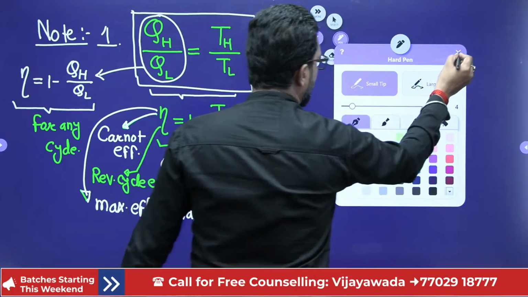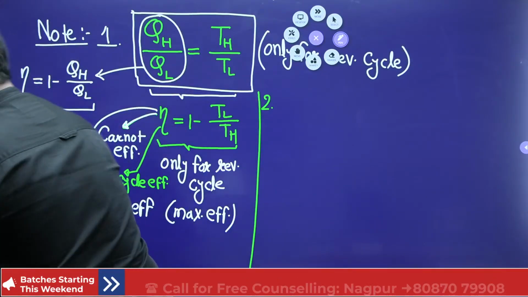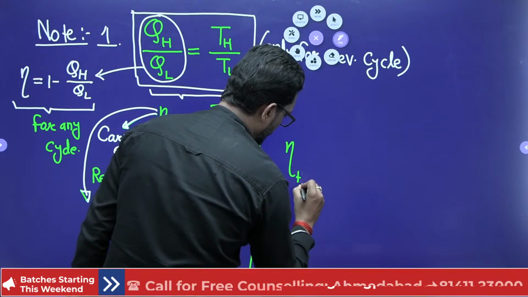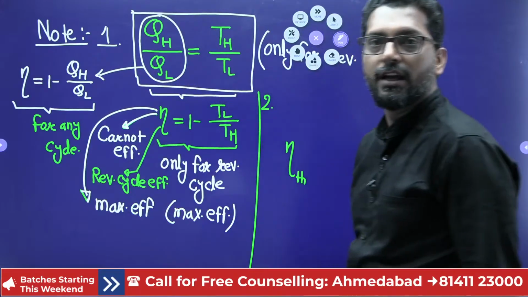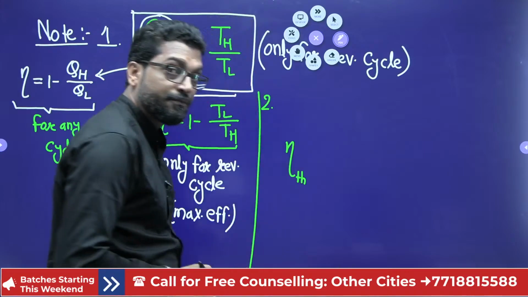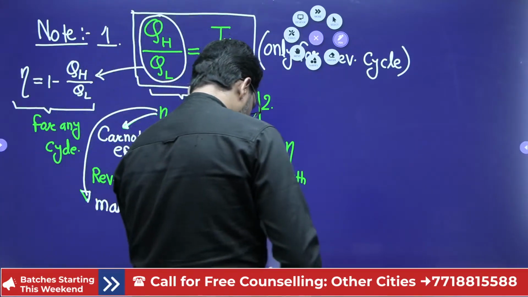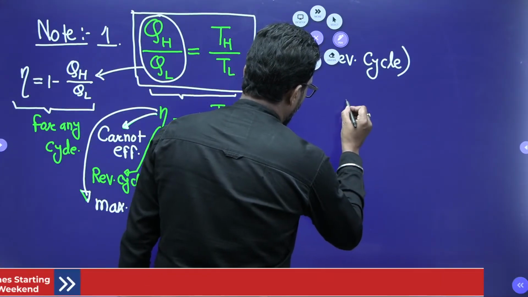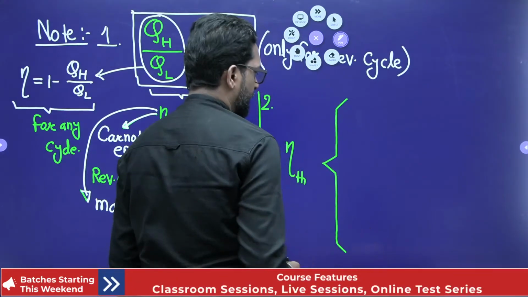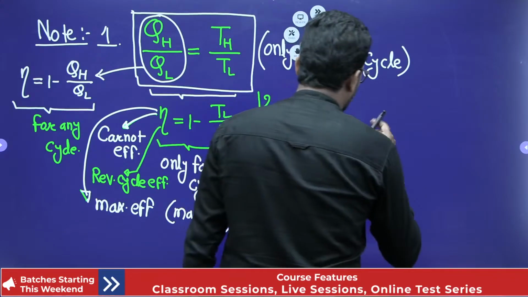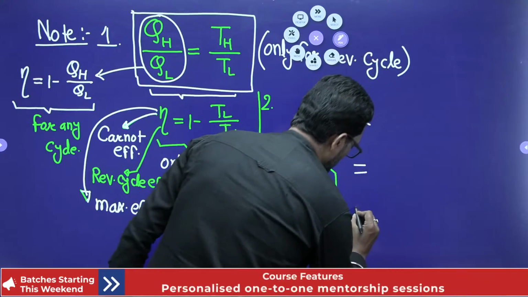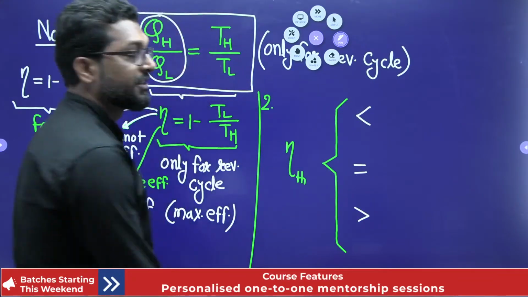The second thing is that this is the thermal efficiency. These all are the thermal efficiency. What is the range? This thermal efficiency is less than, equal to, or greater than; it has three limits.